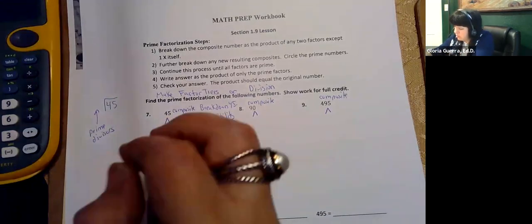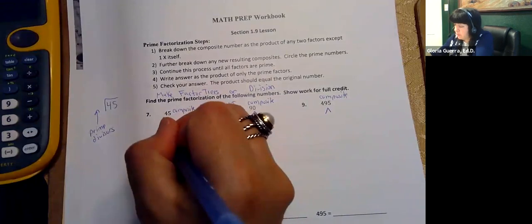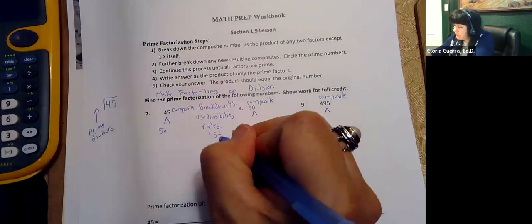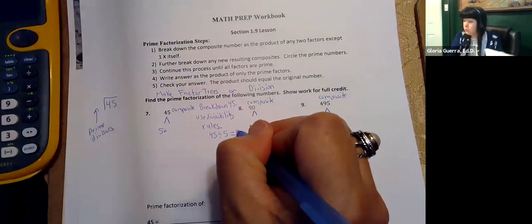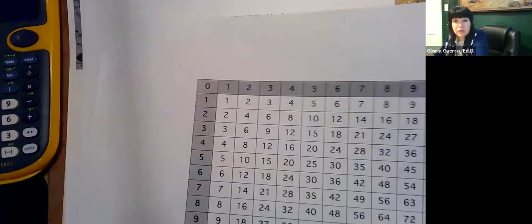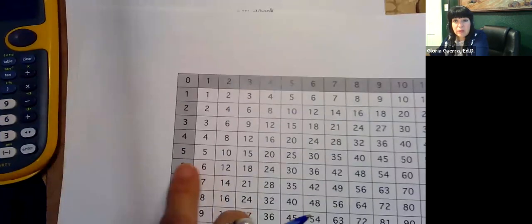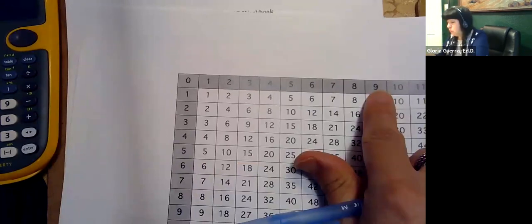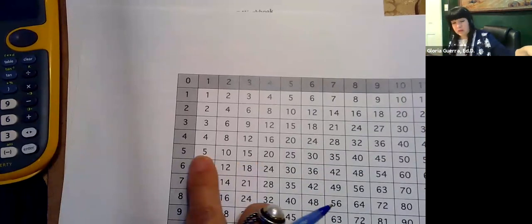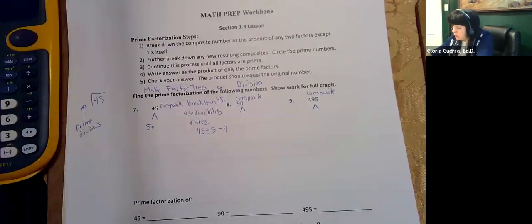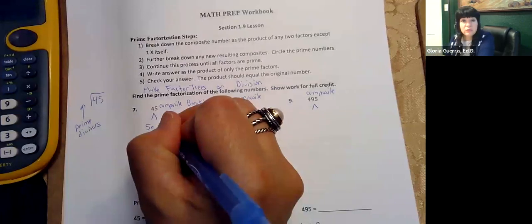So it's 5 times something. 45 divided by 5, I believe, is 9. So 5 times 9 is 45. You can put here 5 times 9 is 45.